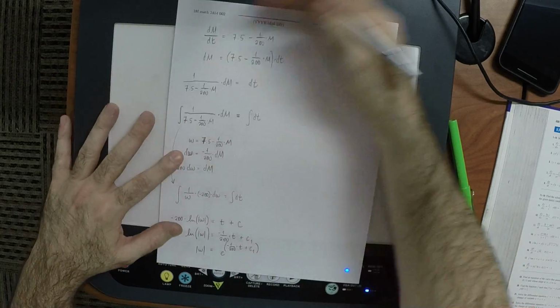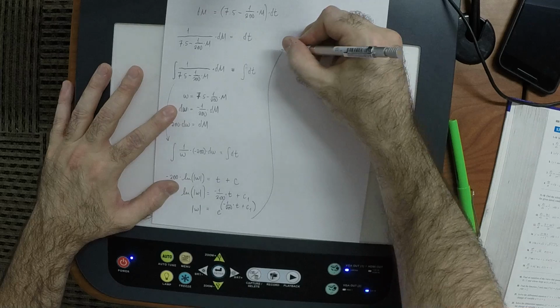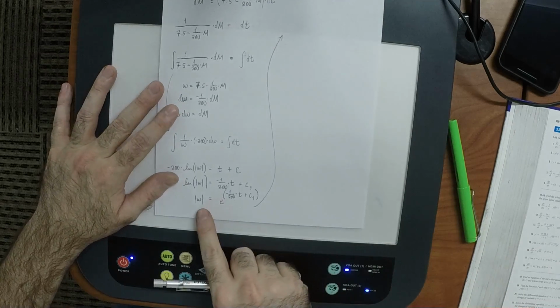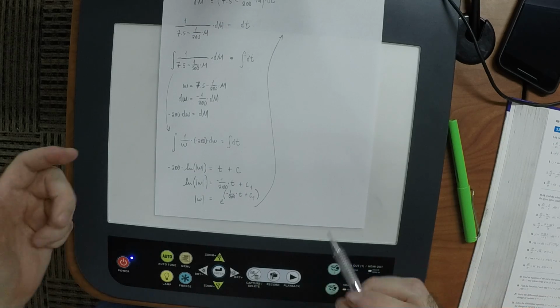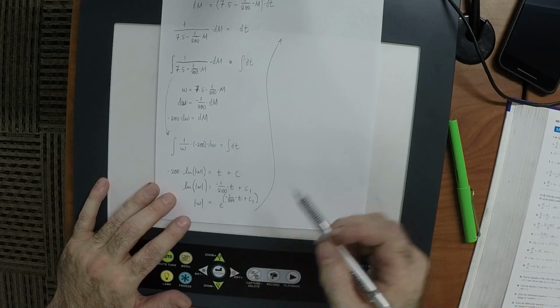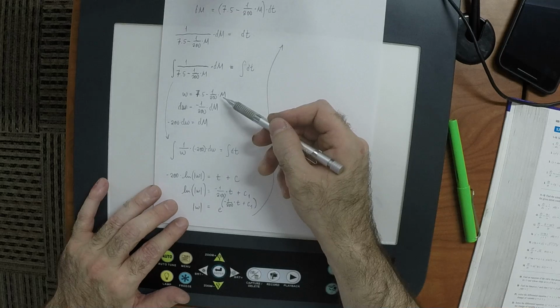All right. So now if we want to get W by itself, oh wait a minute, we've still got to get back to this, right?